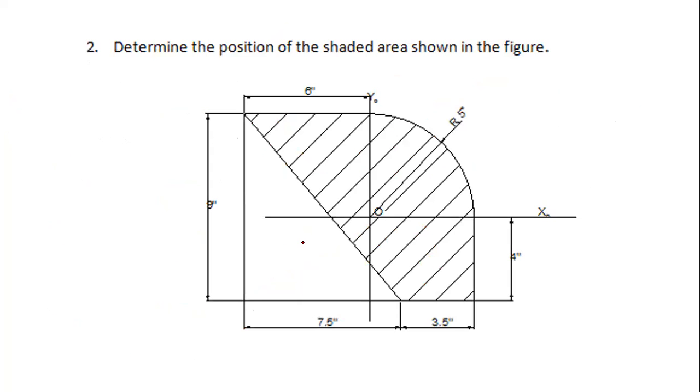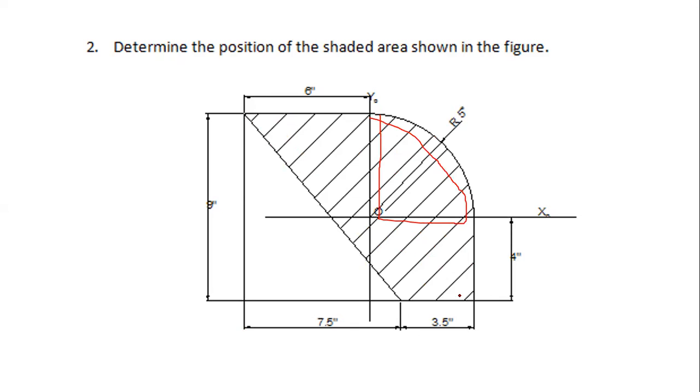So let us just have an example. As you can see, this is a composition of a rectangle, and this part is a quarter of a circle.